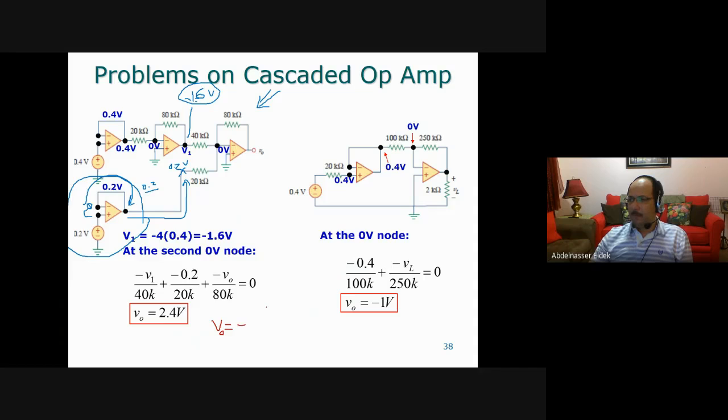Negative, and between brackets, 80 divided by 40. Again, you don't care about the K because all resistors are K, so they will cancel each other. 80 divided by 40 times what? Times V1. V1 is negative 1.6.